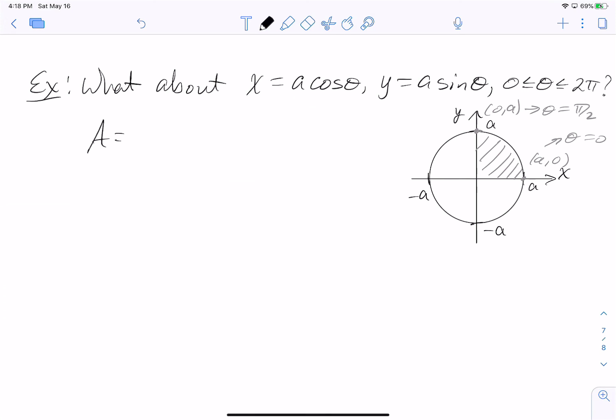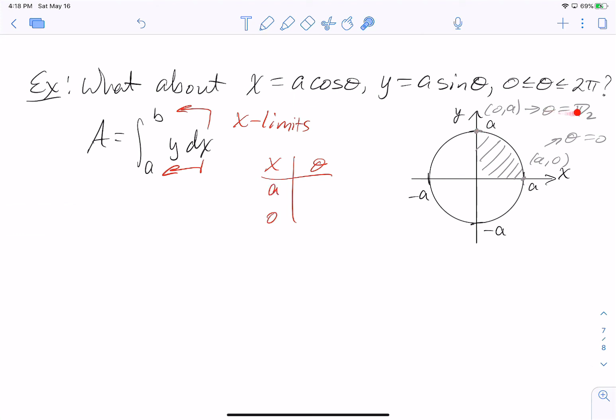Using the idea that the area is equal to the integral from a to b of y dx, and noting that, as before, a and b are x limits, by quickly converting to theta limits, we can say x for this region goes from 0 to a, and when x is 0, that corresponds to theta equals pi over 2.